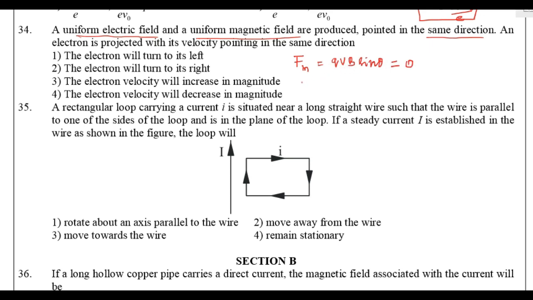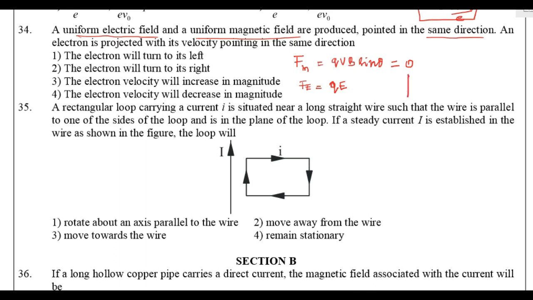the magnetic force is equal to 0. Now the force due to the electric field, we write it as F is equal to qE. Now let's see the direction.